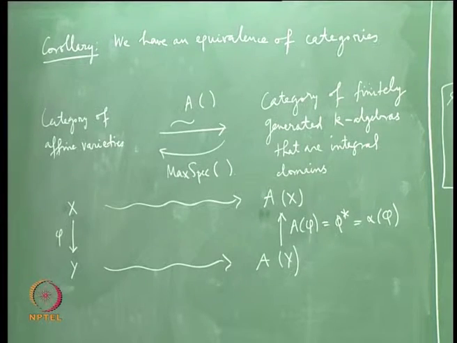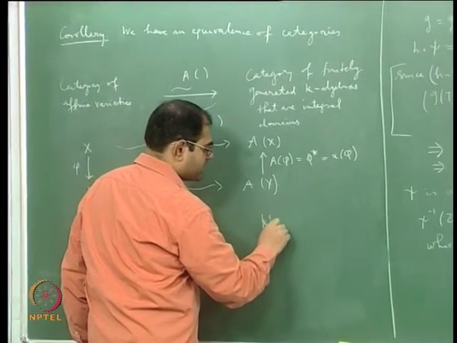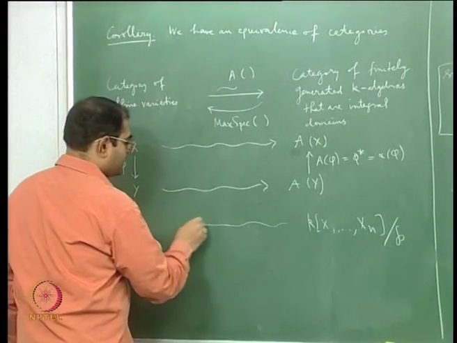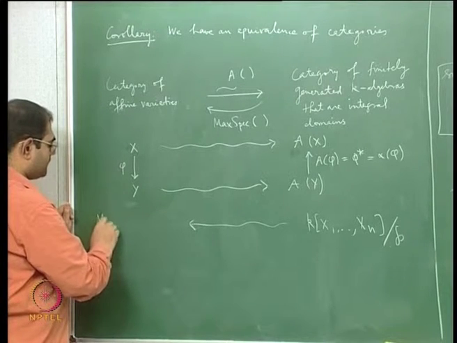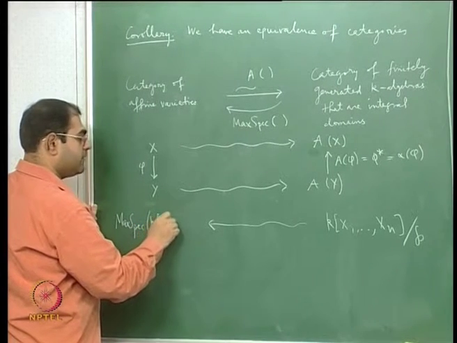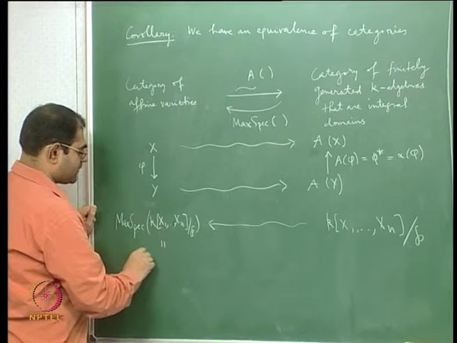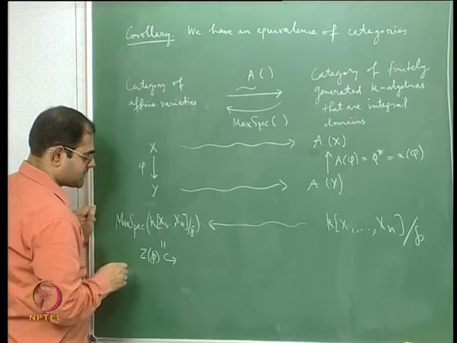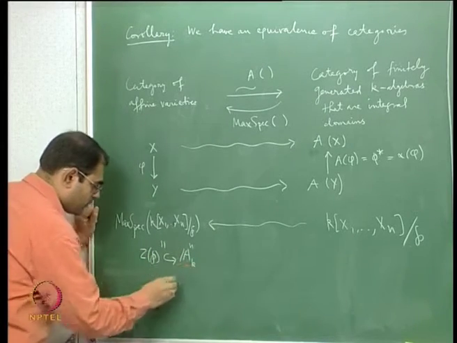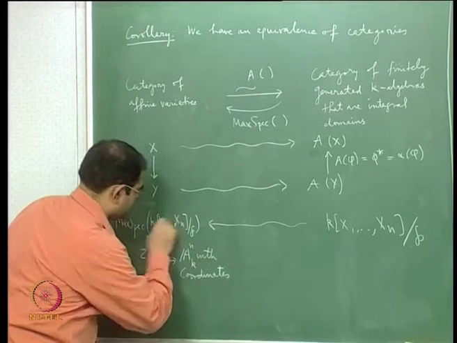Namely, if you start with a finitely generated K algebra, which is K[x1, ..., xn] modulo some prime ideal, then what you can do is take max spec of that, and this can be identified via the Nullstellensatz to the zero set of P as an affine variety in A^n with coordinates these xi's.